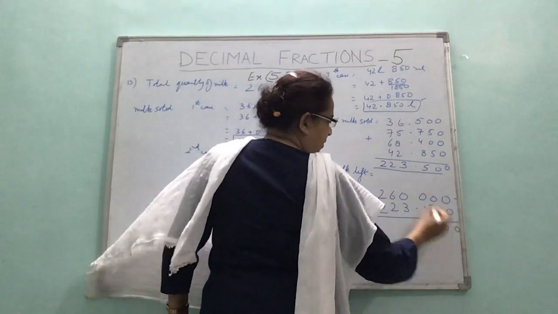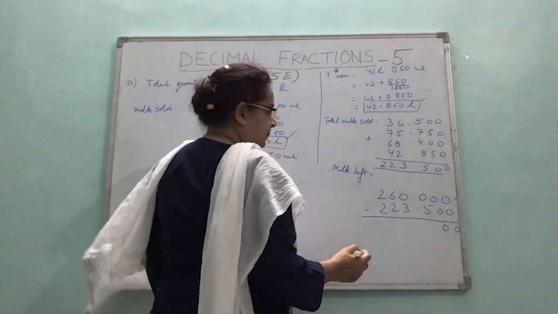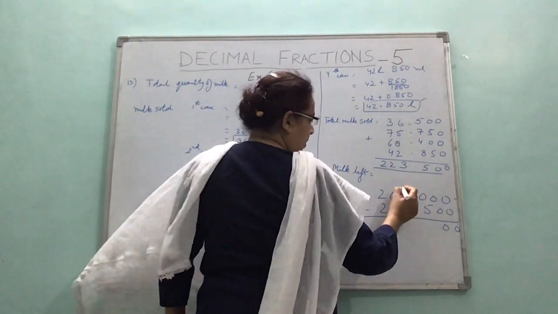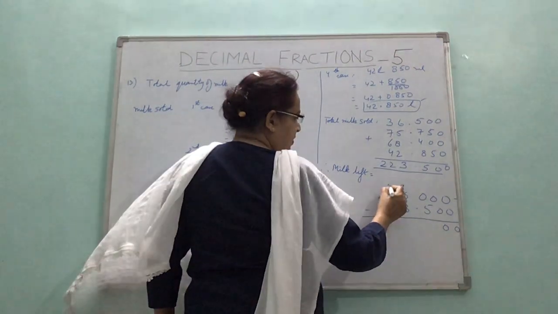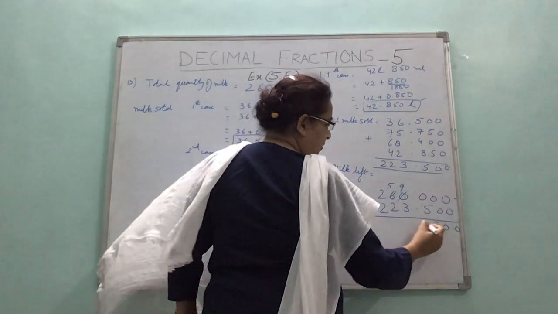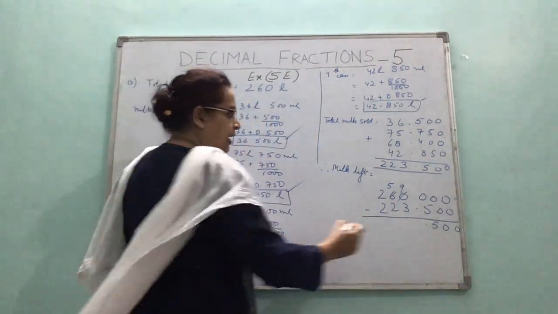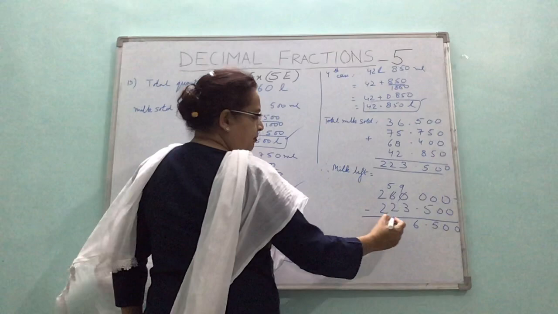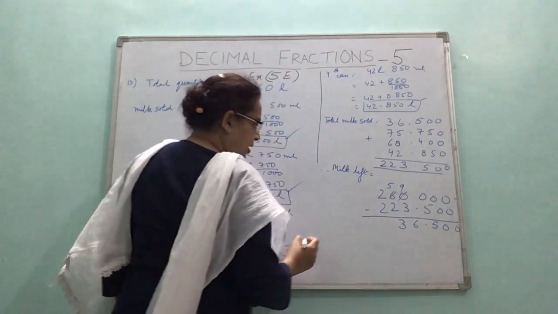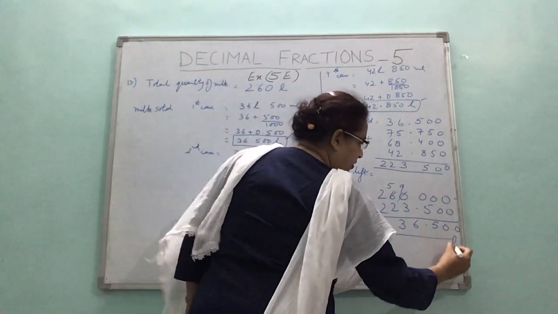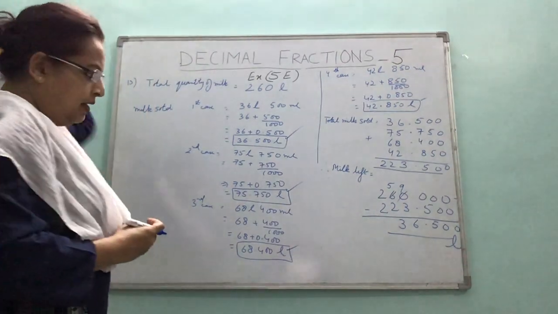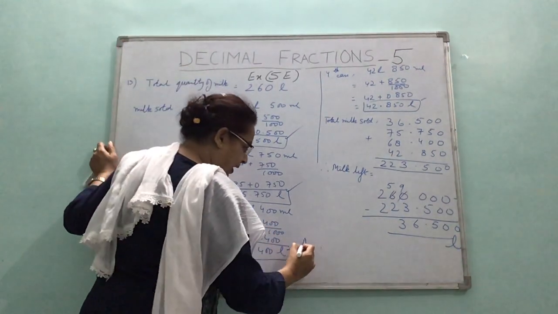Well, 0, 0, we'll borrow. This becomes 9, this becomes 5, so it is 10, 5. 9 minus 3 is 6, 5 minus 2 is 3. So this is in which unit, children? Liters. Right?